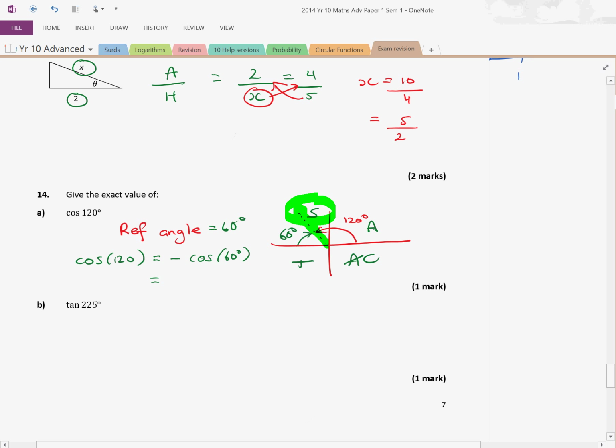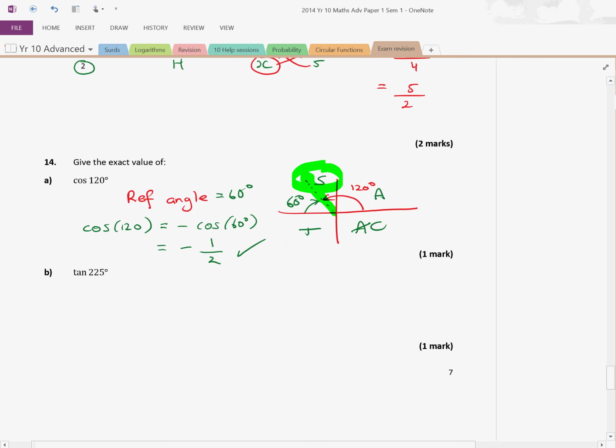Cos of 60 is 1/2? I hope so. Yeah. Negative 1/2. That's all you've got to do. You get 1 mark for that, but I think sometimes this working may not be necessary, but it helps to establish what quadrant you're in, and that could have easily been worth 2 marks.